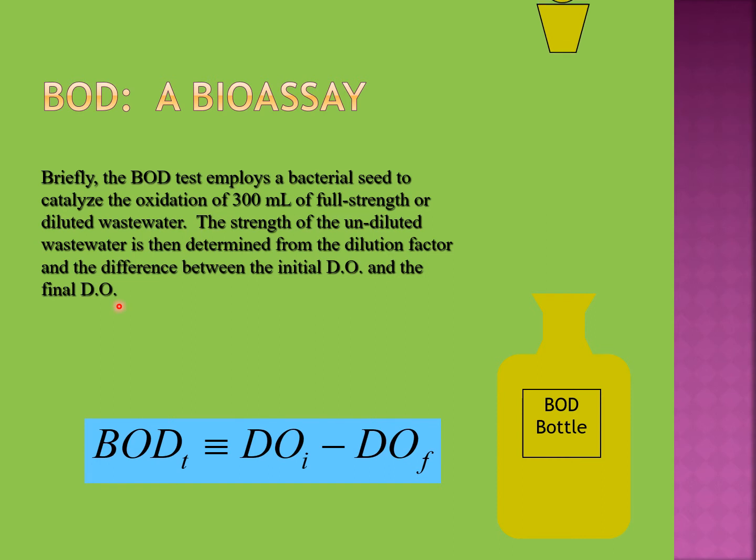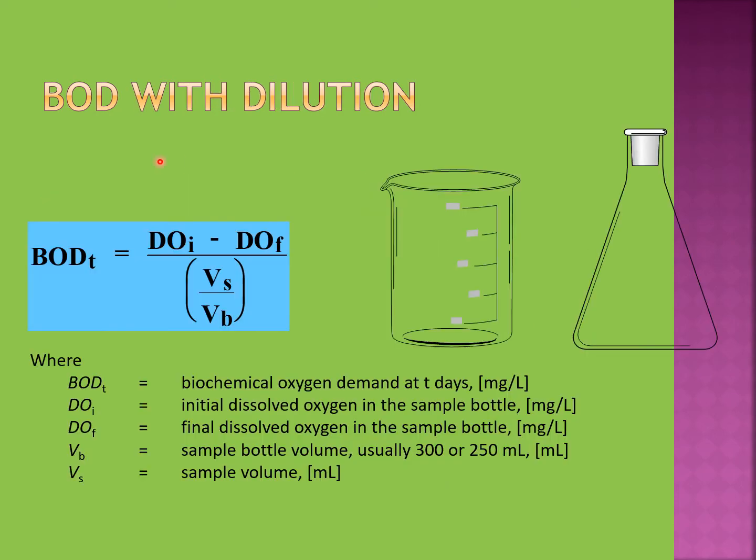So if we take full strength wastewater, that is, wastewater without dilution, then BODt, the BOD after any time t, equals DOi, the dissolved oxygen at the initial time, minus DOf, the dissolved oxygen after the test, or final dissolved oxygen.